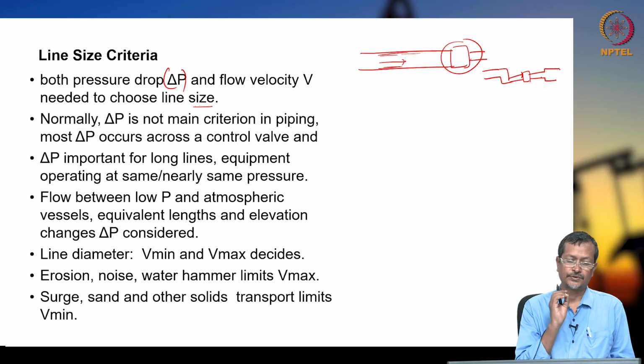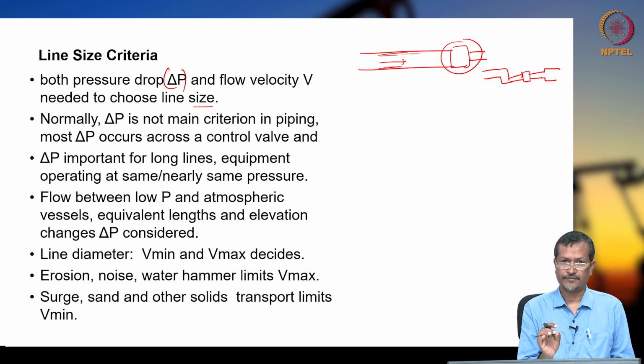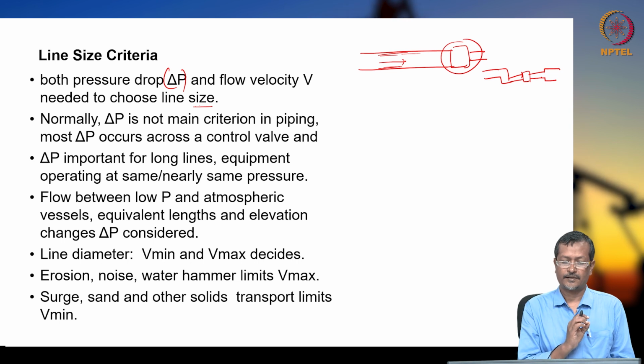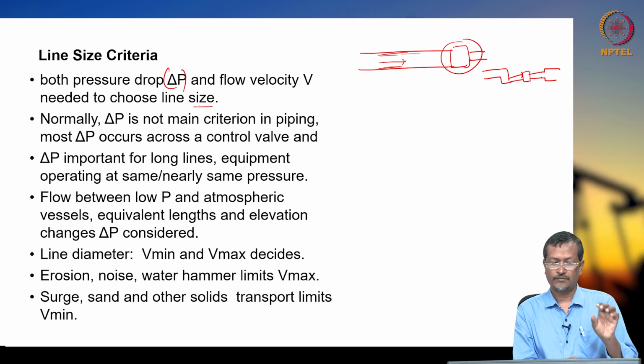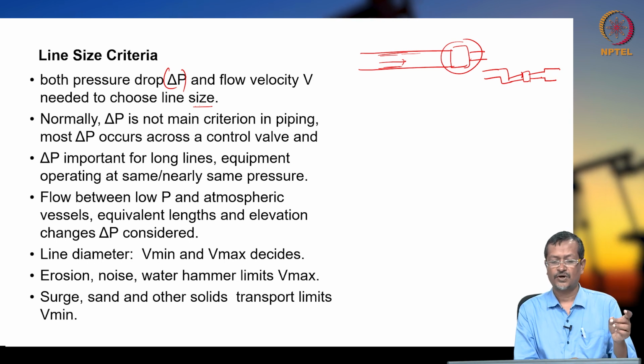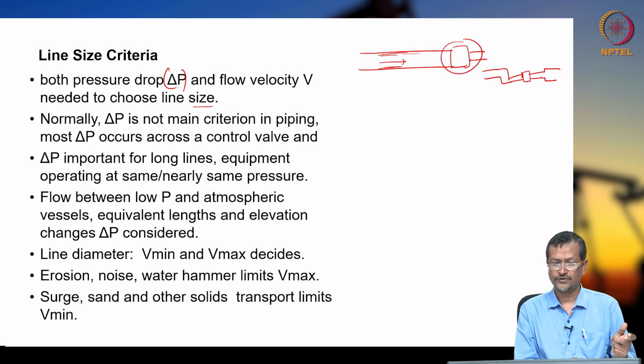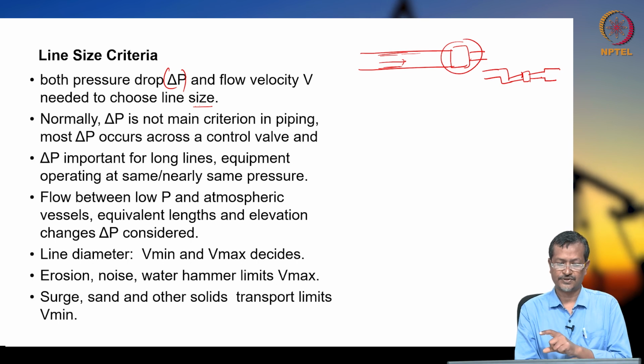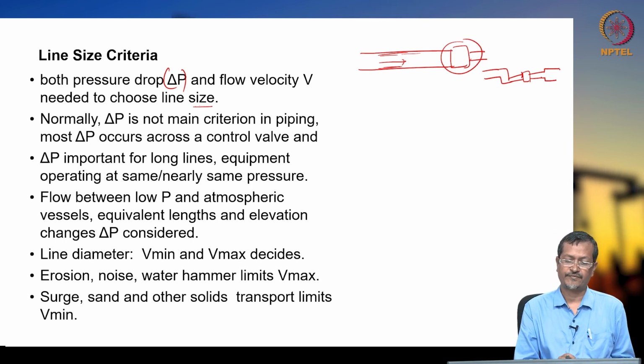So normally it is not the main criterion for piping. First you have to consider the most important parts, for example fittings, valves, notches or any change in flow direction. Then after that you can consider total pipe friction.